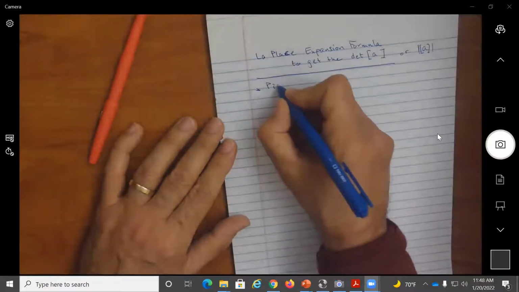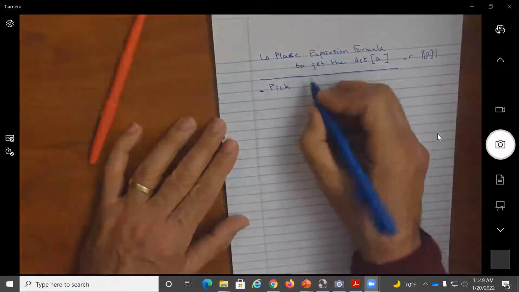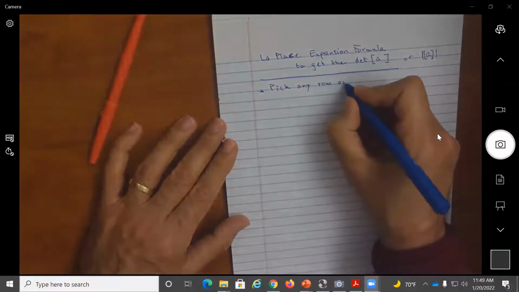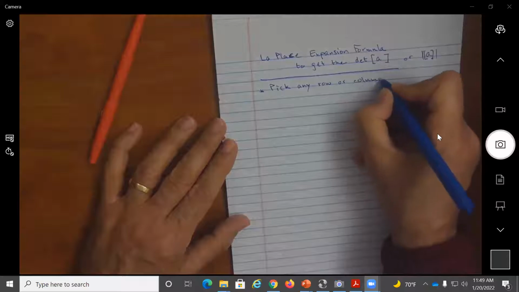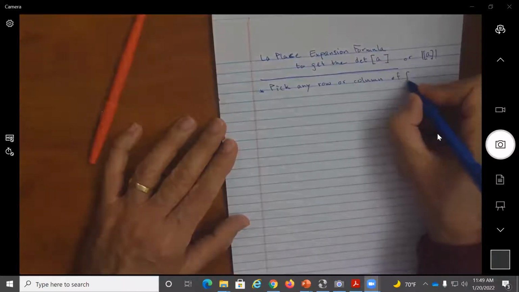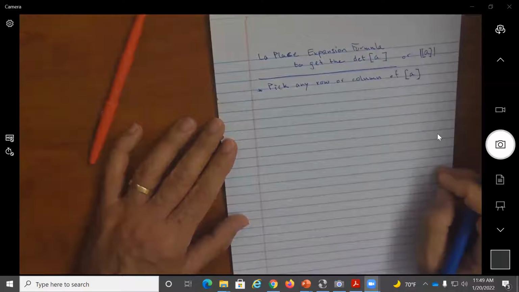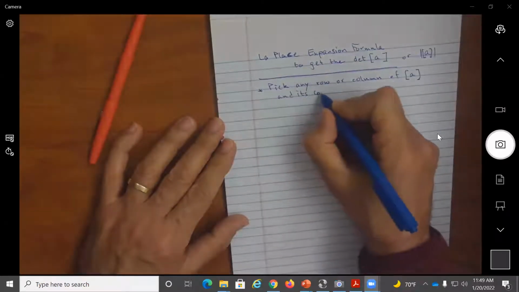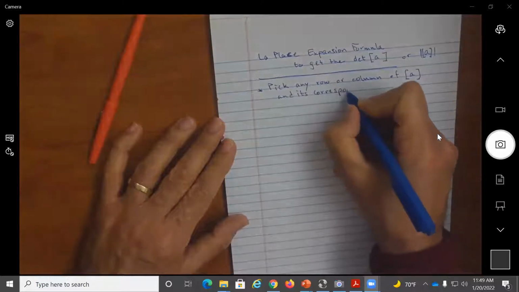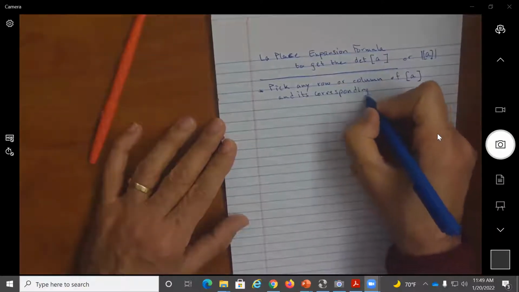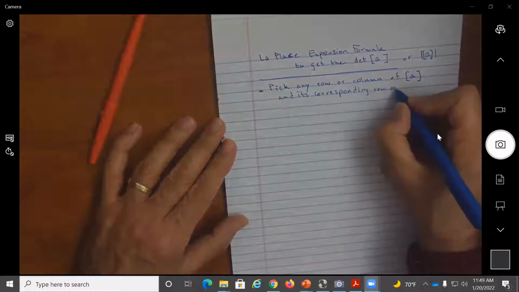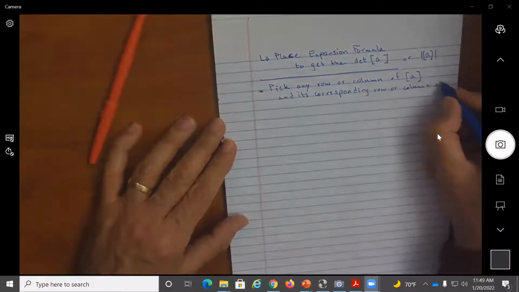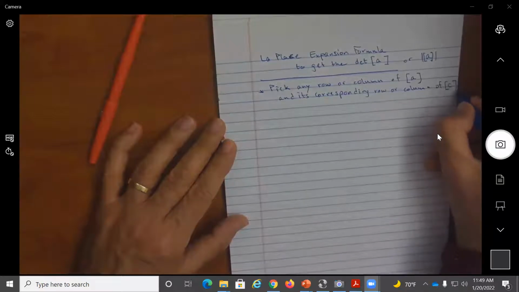We pick any row or column of the matrix A and its corresponding row or column of the cofactor matrix C.